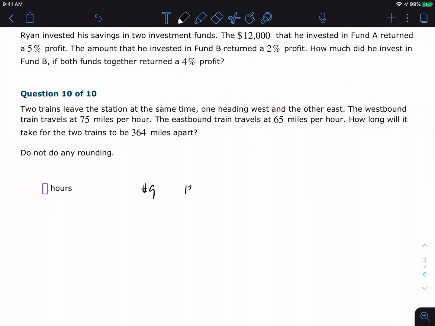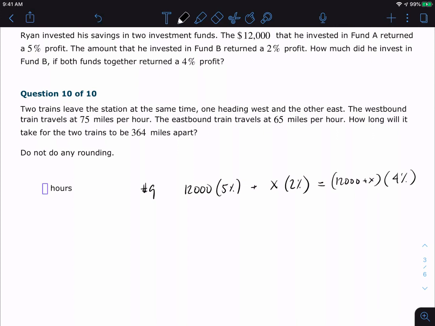So it says he had $12,000, right? That had a 5% return. Then in Fund B, we don't know how much money he put in it, but we do know that he made 2% on that money, correct? Altogether, 12,000 plus x money returned 4%.